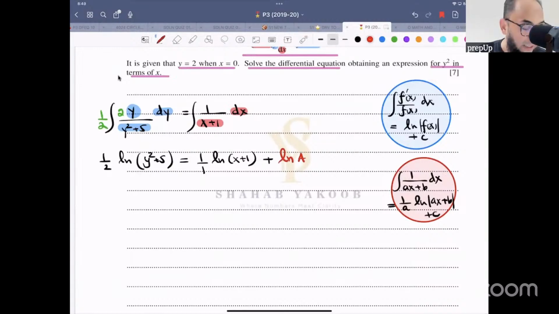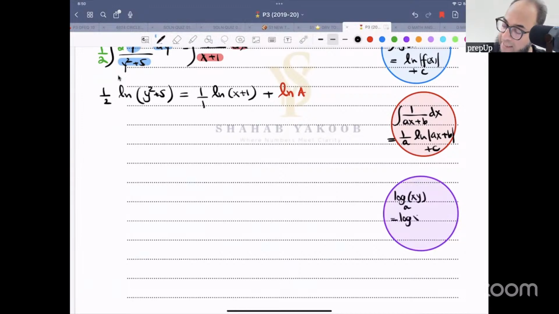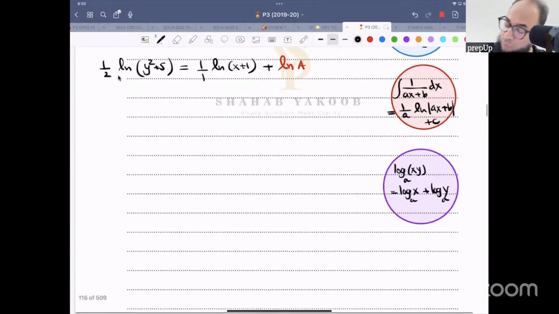All good, all clear? So now we have to apply the rule of log. What is the rule of log that I need to apply? Hold on for a second. Let me just draw this. The rule says that log xy base a can be written as log x base a plus log y base a. That is one rule.